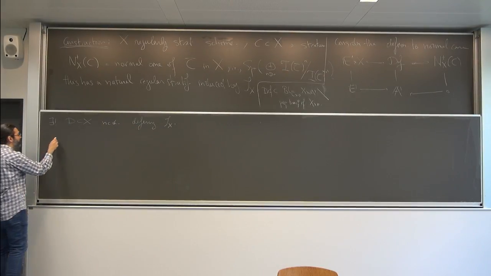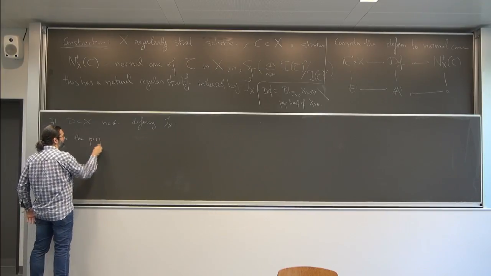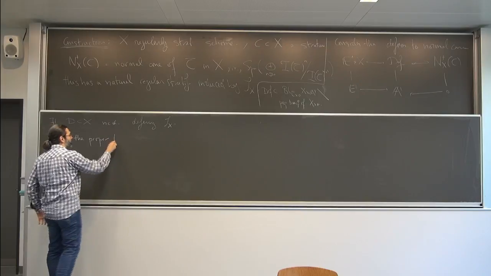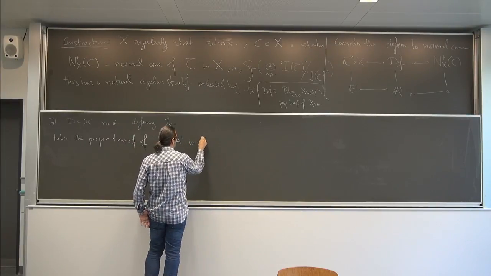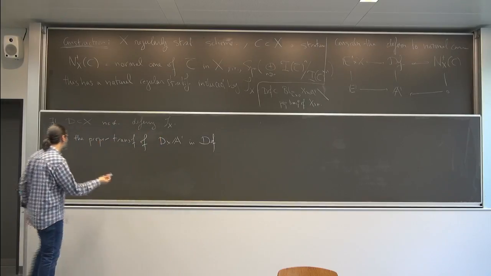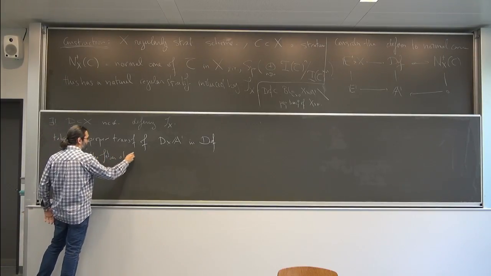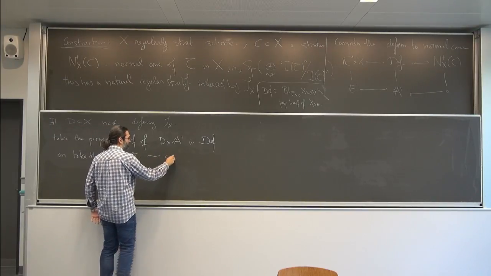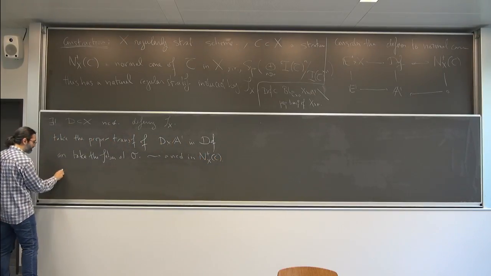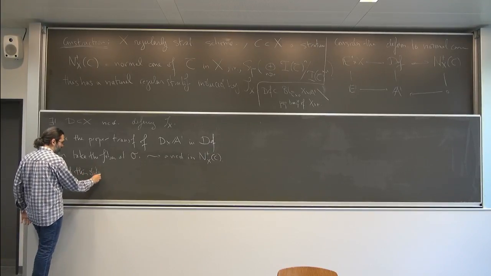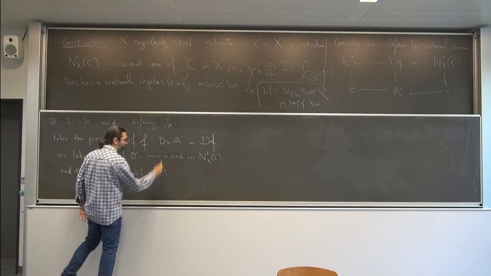So what you do is take the proper transform of D times A^1 in the deformation space, and take the fiber at 0. This gives you a normal crossing divisor in N_C^+ X, and this defines a stratification on it.